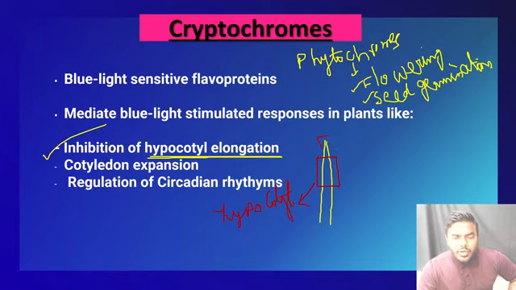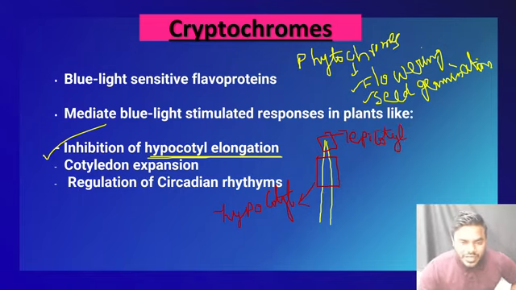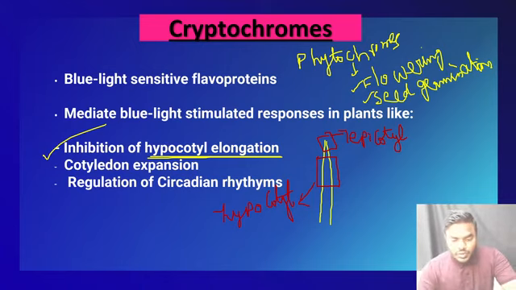And what do you call this upper part? You can call it epicotyl. Correct? Hypocotyl, epicotyl. So friends, this hypocotyl never elongates in the presence of cryptochrome. That's a simple statement. So cryptochrome inhibits the hypocotyl elongation.